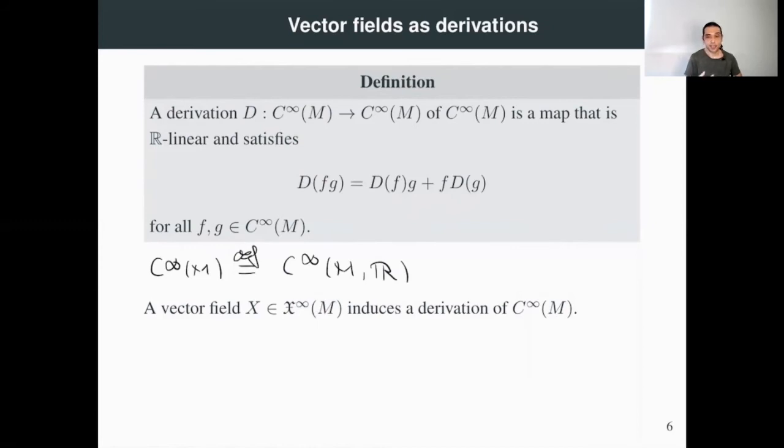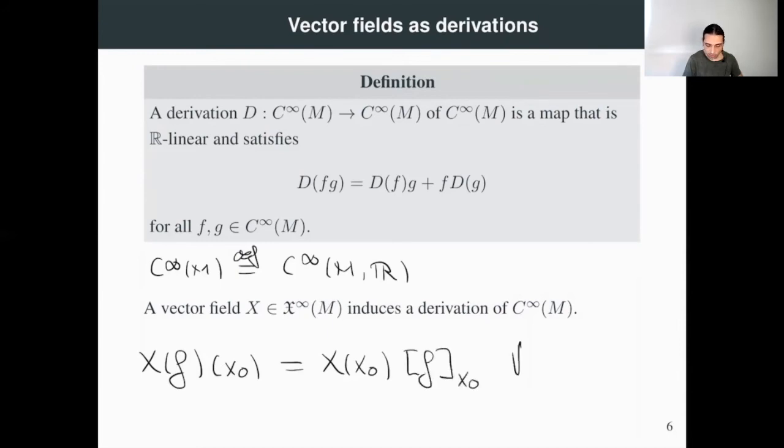And a vector field induces a derivation of the space of C-infinity functions, because of how we provide the image of a function f at a point x0: we consider the tangent vector defined by the vector field at x0, and then we apply this to the germ of f at x0. We can do this for every x0.